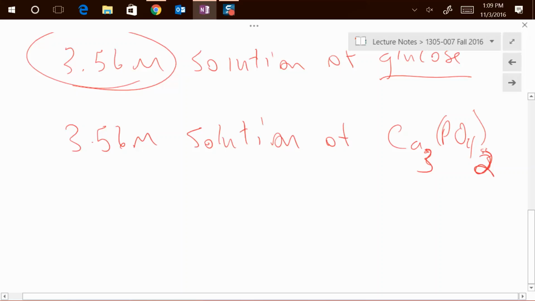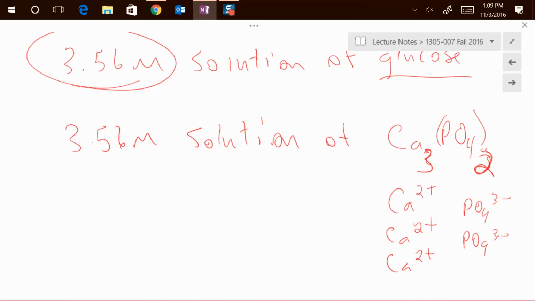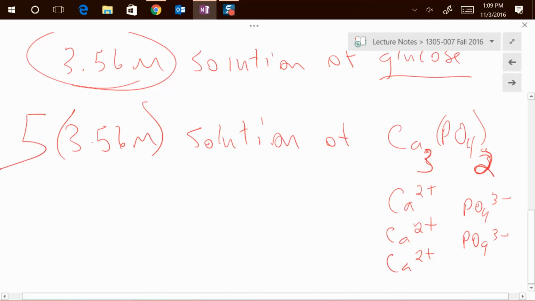How many total particles is that? Ca2+, Ca2+, Ca2+, PO4 3-, and PO4 3-. How many particles? 5. 5 particles that this is going to break up into when I dissolve it in solution, right? So I need to multiply this by 5 to find how much it's going to change based on the molarity. Okay?